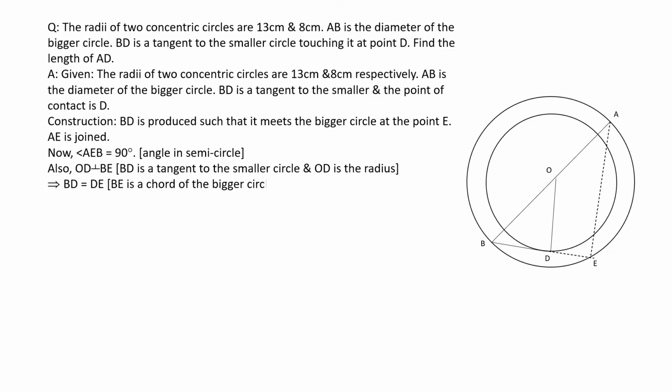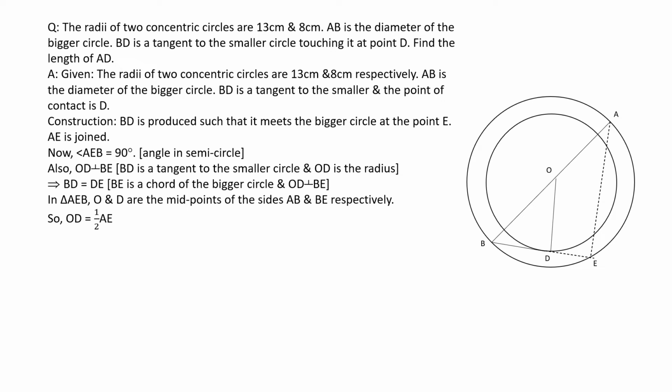Or we can write BD equals DE, because BE is a chord of the bigger circle and OD is perpendicular to BE. So in triangle AEB, O and D are the midpoints of the sides AB and BE respectively. So OD equals 1/2 AE, or AE is twice OD, which is 2 into 8, which is 16 centimeter.